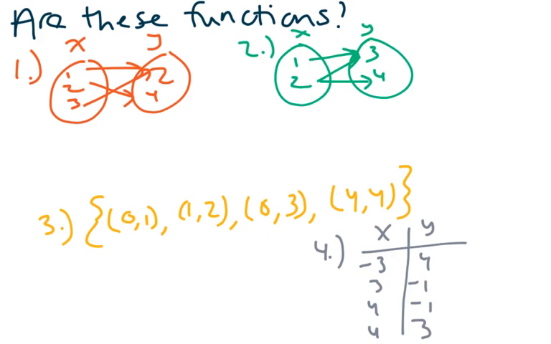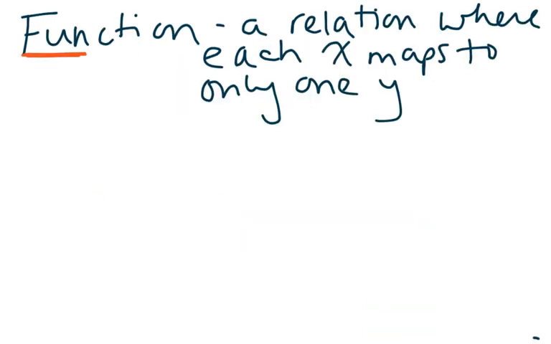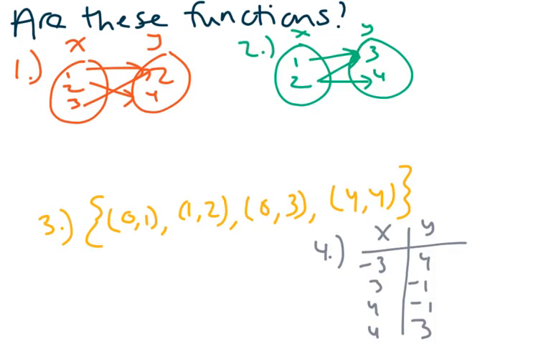Okay, with this first one, we'll actually look at these two together. One of these is a function and one of them isn't, and it's very easy to get them flip-flopped. Remember, the definition of a function is where each x maps to only one y. So to determine if it's a function, you look at each x and see if each x only goes to one y. The 1 only goes to a 2, the 2 only goes to the 4, and the 3 only goes to the 2.